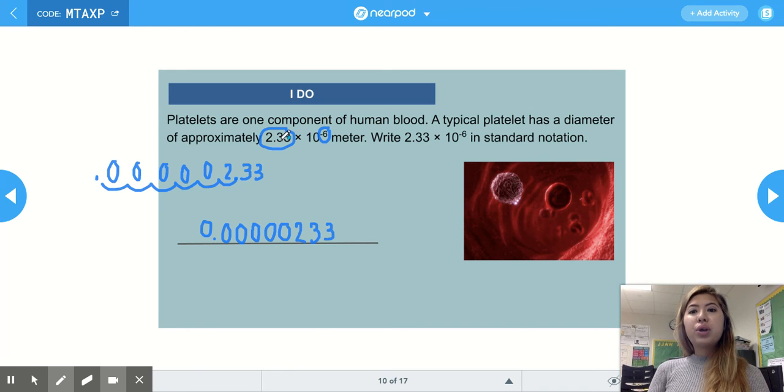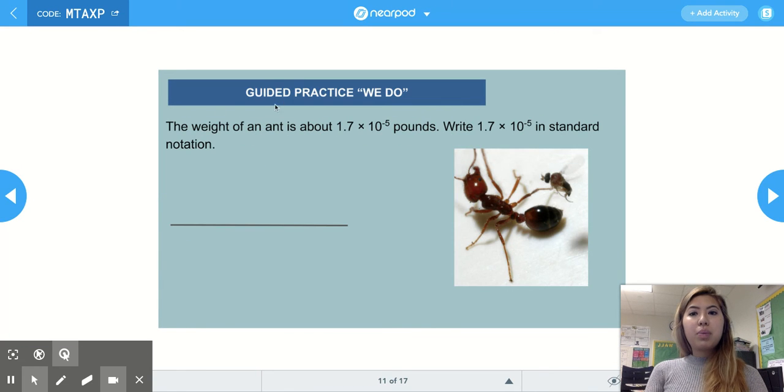So 2.33 times 10 to the power of negative 6 in standard form is 0.00000233.